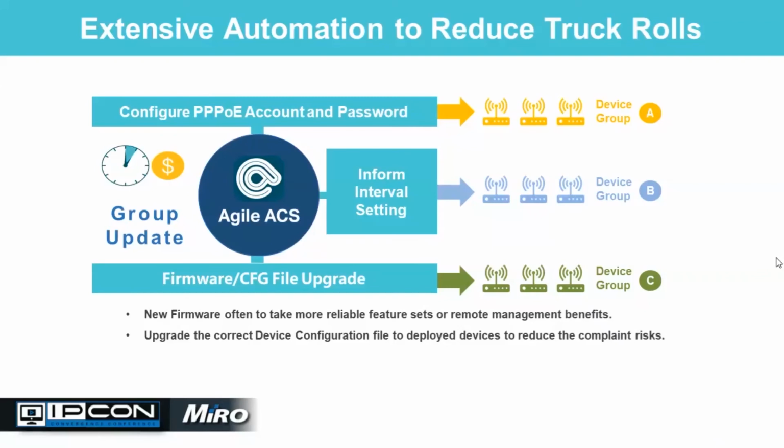So you can segment your entire client base into different groups, Group A, Group B, Group C. Configure the PPPoE account and password for Group A, change the inform interval setting on Group B, and then on Group C, we run a firmware upgrade at a specified time. So there's a lot of versatility with regards to the number of actions that you can run amongst different groups at different times. So it definitely comes in handy.